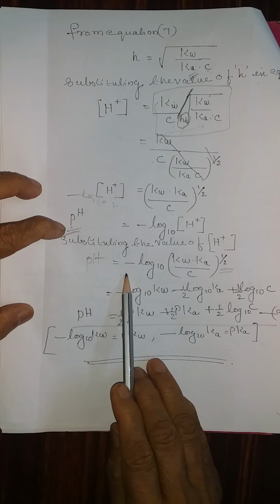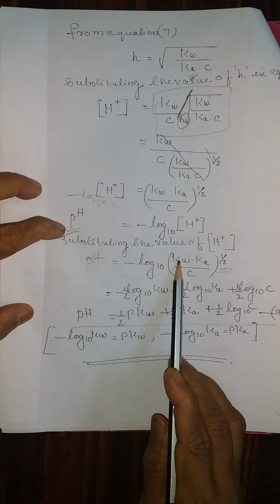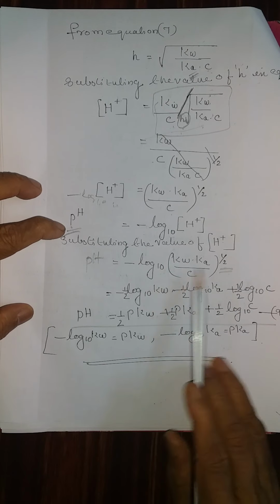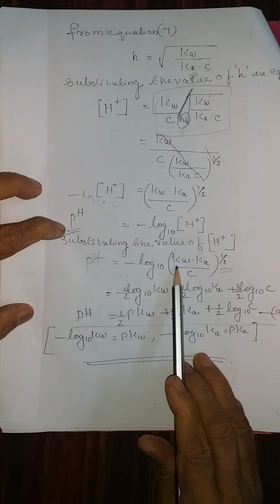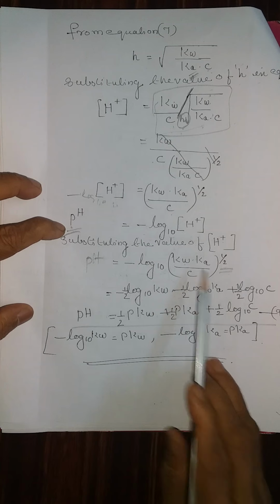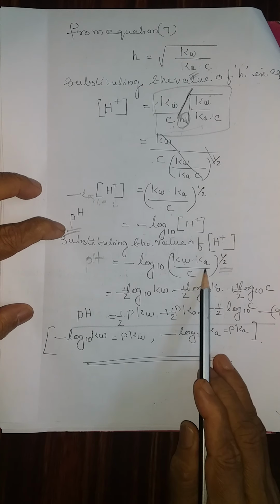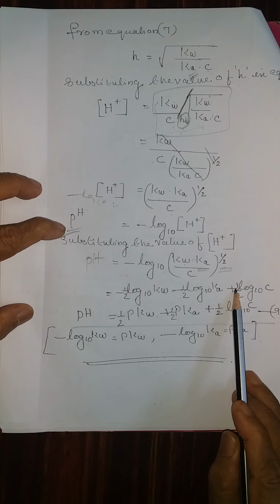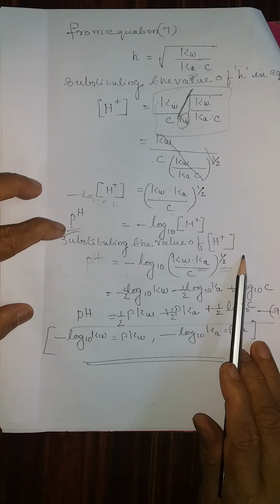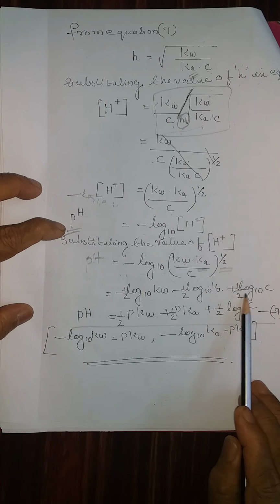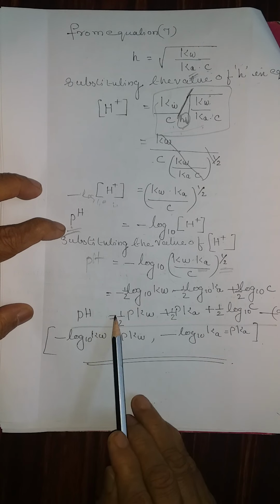That is minus half log to the base 10 Kw, minus half log to the base 10 Ka, plus half log to the base 10 C, where the denominator becomes numerator.